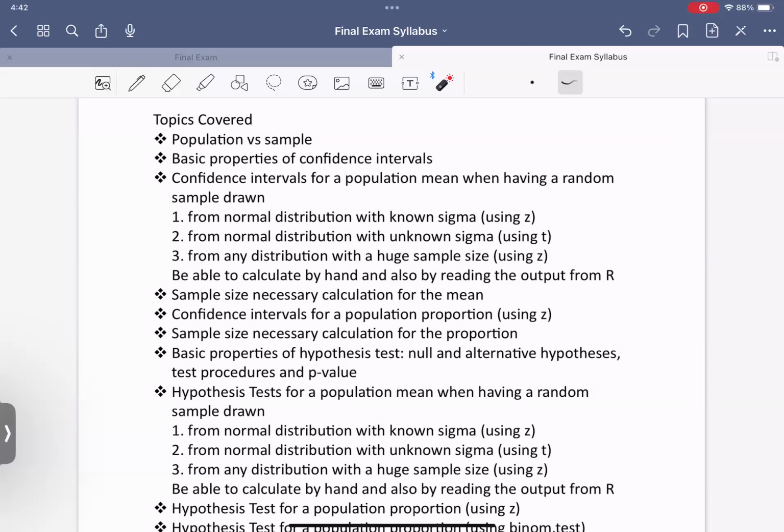And then also we're gonna cover the confidence interval for population mean when having a random sample drawn from a normal distribution with known sigma. Remember that if the population is normal and sigma is known, you're going to use the standard normal test statistic Z. And also you're going to have the case that you draw the sample from the population distribution with unknown sigma.